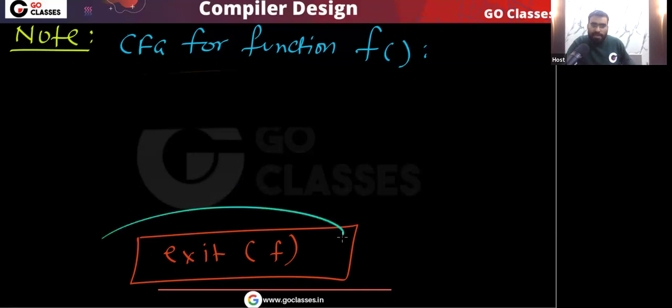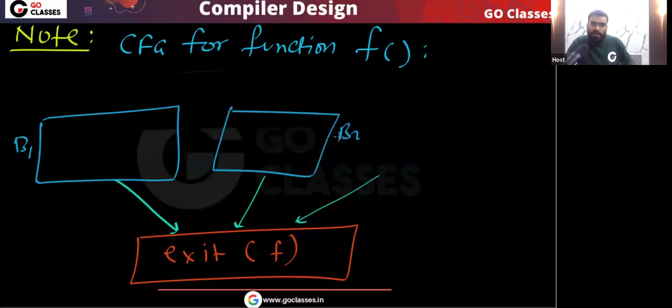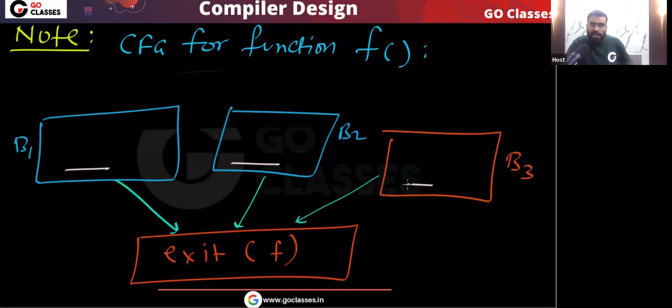Remember, you can exit from many instructions. So there can be multiple edges, from any basic block from where you can exit. Please understand. Is this clear or not? You will put this edge from any instruction which can be the last instruction. Understood?